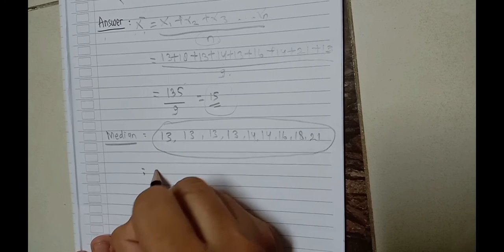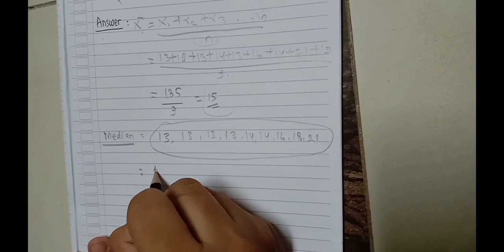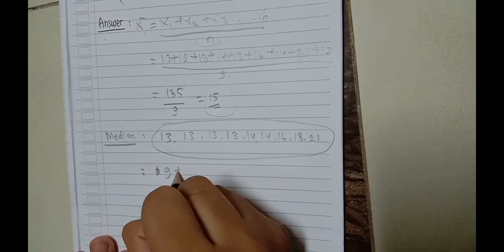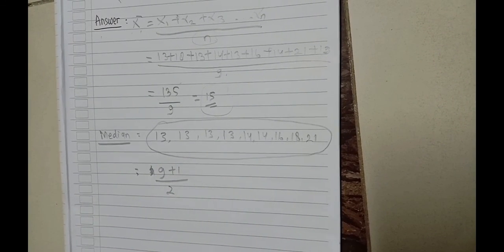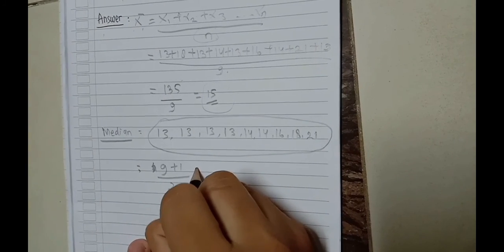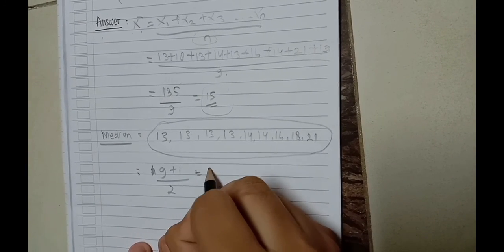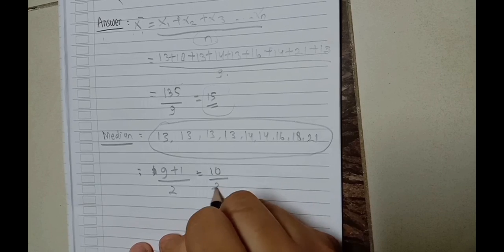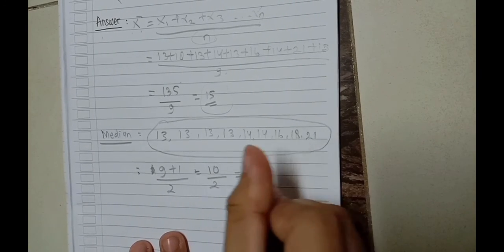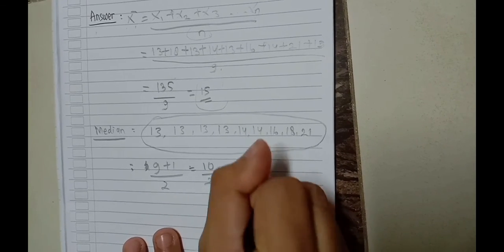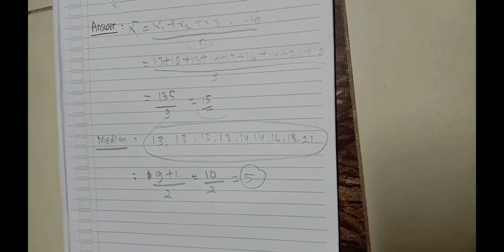We put 9 plus 1 divided by 2, and we calculate equal 10 divided by 2, and the result of the median is 5.